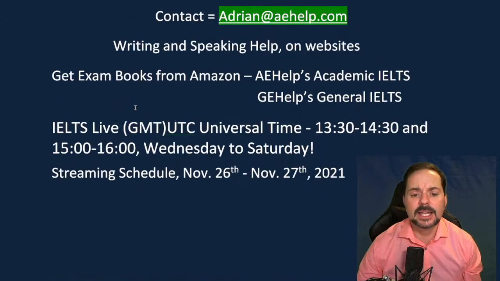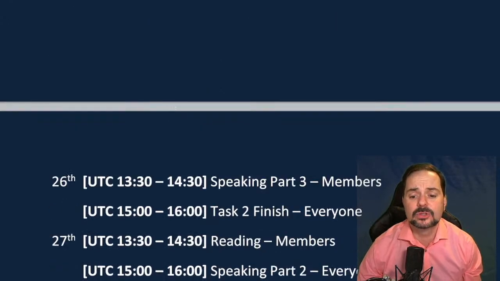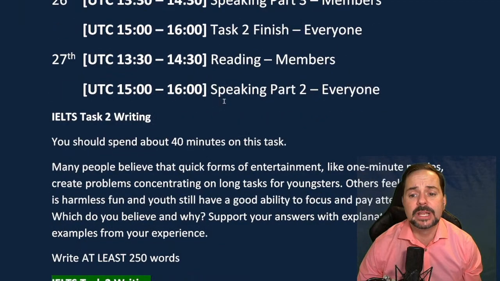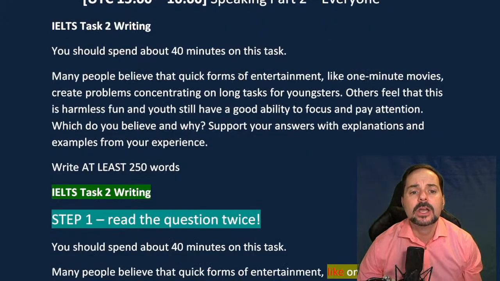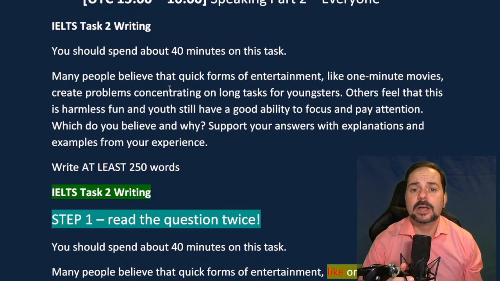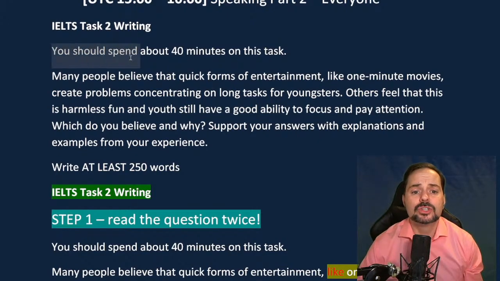So let's get into today's class. Again, we are doing writing task 2 today, and tomorrow we'll have reading and speaking classes as well. This is the task 2 question that we started yesterday. You should spend about 40 minutes on this task.